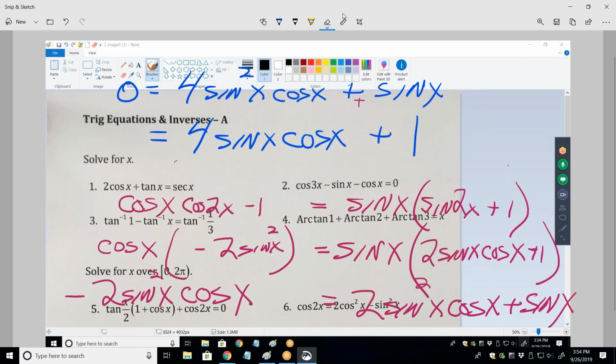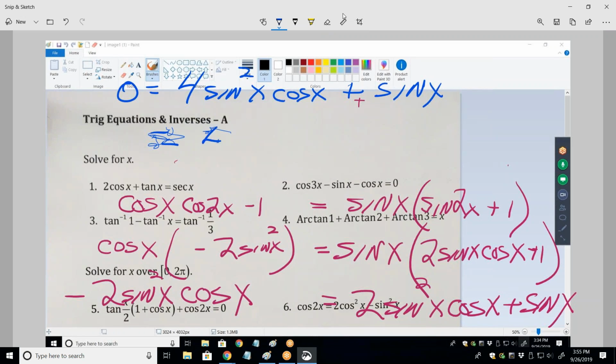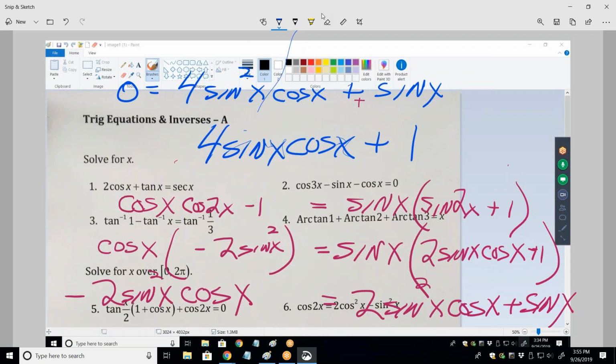We would lose the 0 solution if it was there. I forgot. So I need to factor. So we're going to factor out, and we end up with 4 sine x, cosine x plus 1.